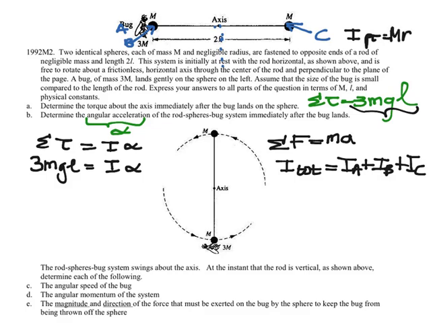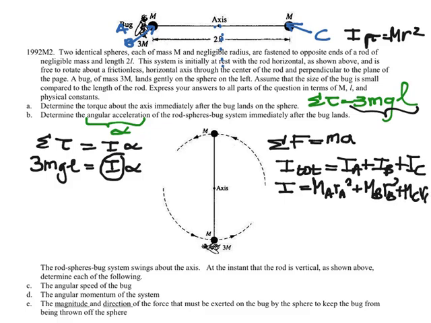So our total moment of inertia that we're going to plug into torque equals I alpha will be the mass of A times RA squared plus the mass of B times RB squared, plus the mass of C times RC squared.